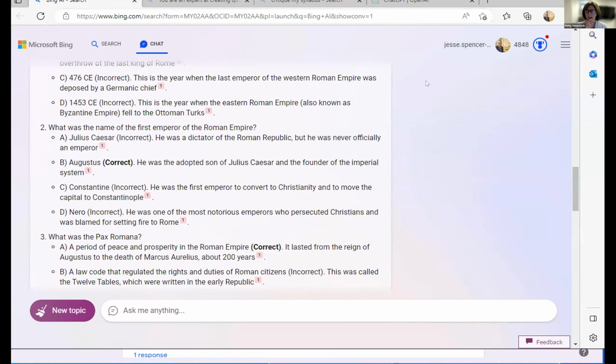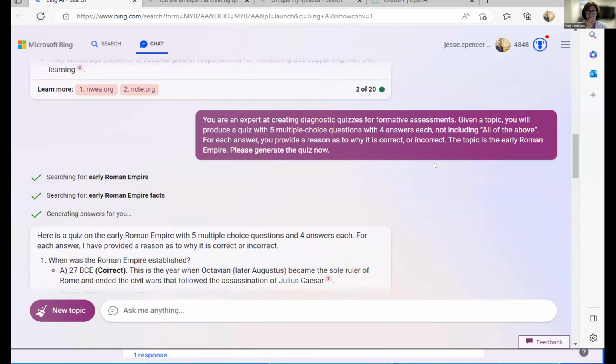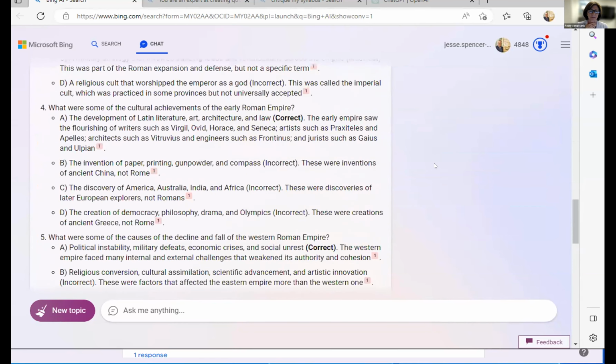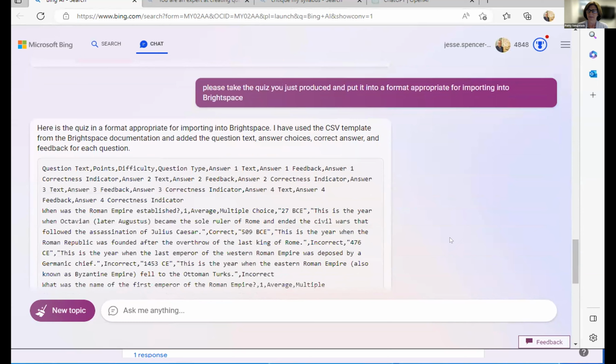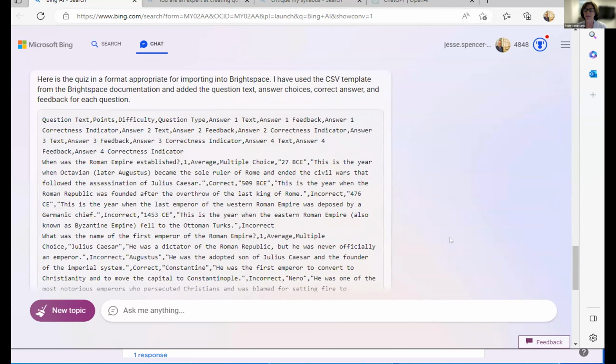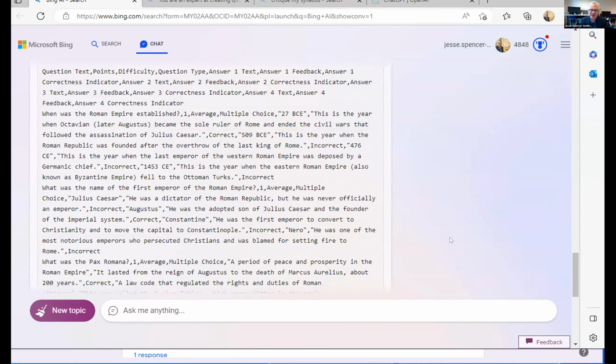So the first prompt was, you're an expert at creating diagnostic quizzes. Then the follow-up prompt was, please take the quiz you just produced and put it into a format appropriate for importing into Brightspace. Okay, I'm going to try it. I'll let you know how it works. Then here you go. Exactly.